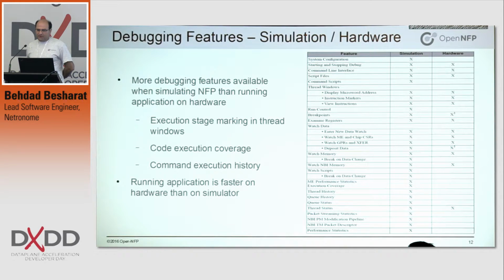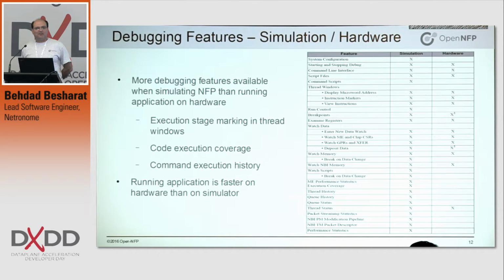This gives you a comparison between the features that are available on the simulator and the hardware. There are more features available on the simulator than on the hardware, simply because we cannot interrupt the hardware to do a lot of the features that we support on the simulator. The simulator is, of course, a little bit slower than running on the hardware. So that's the downside of the simulator.